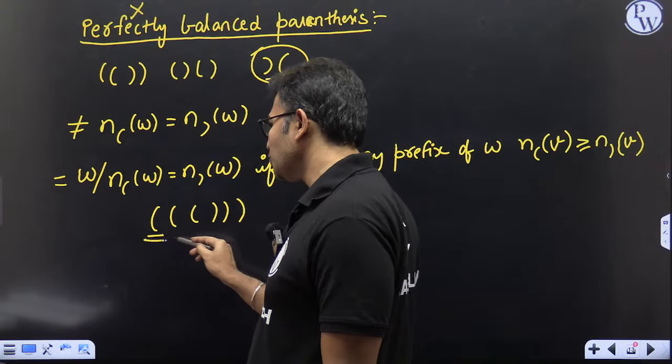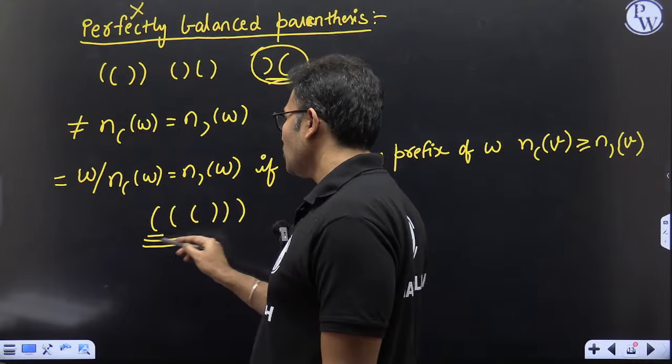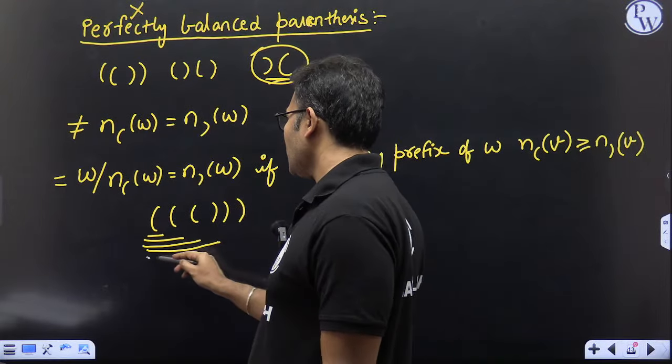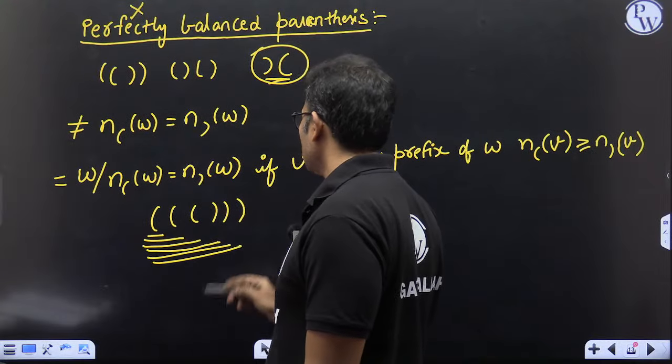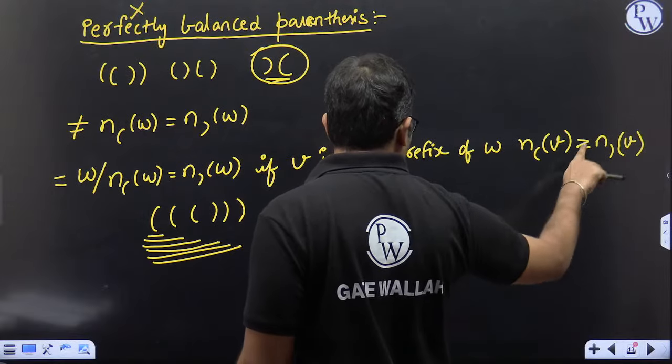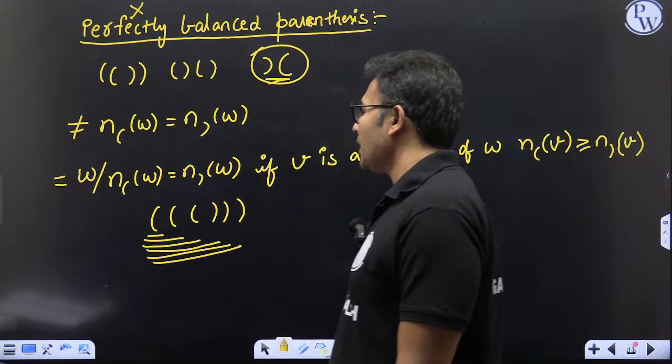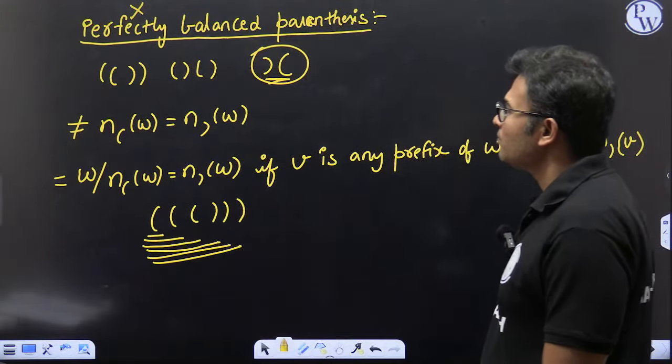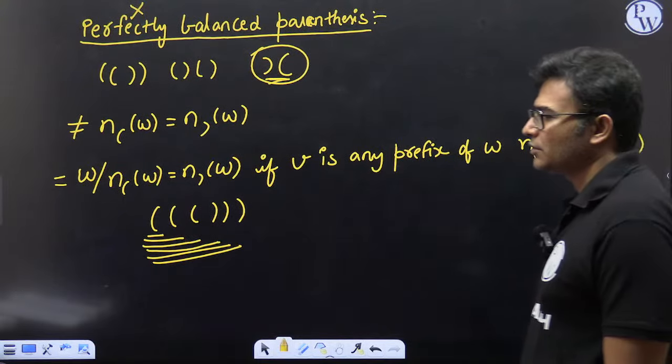Any prefix you take, the number of open parentheses should be greater than or equal to the number of closed parentheses. This is called perfectly balanced parenthesis, right?